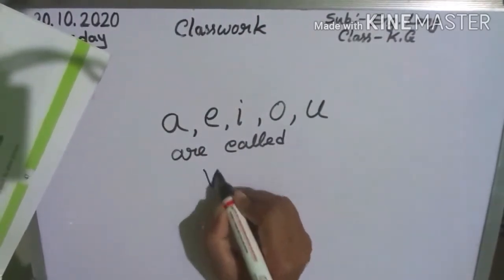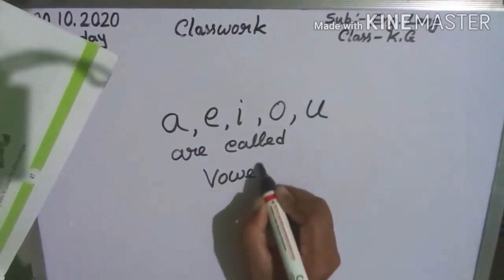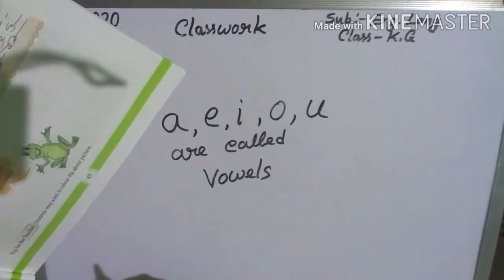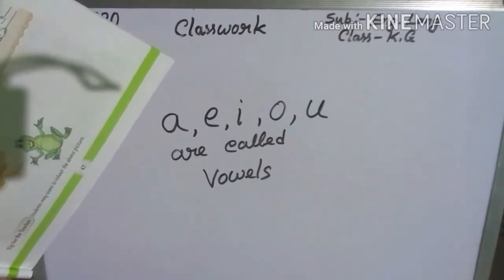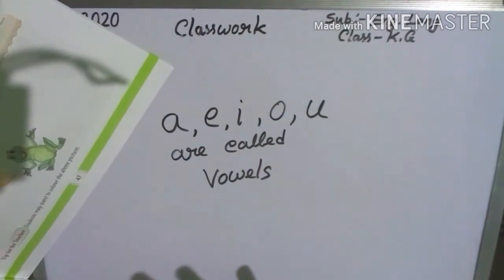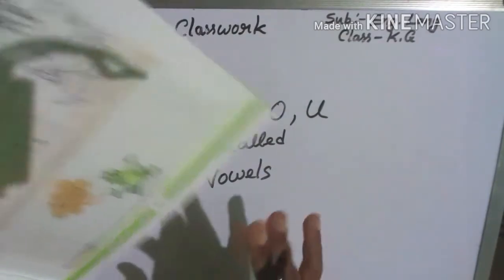Vowels. Vowels is very important. Memorize this. A, E, I, O, U are called vowels.